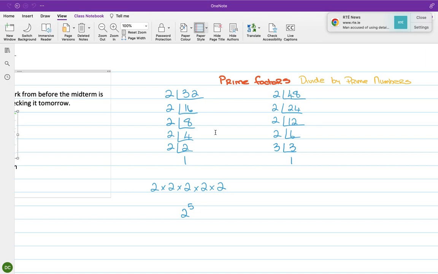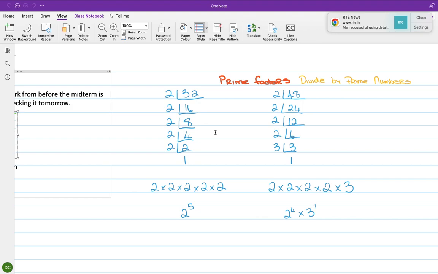So the long version is 2 by 2 by 2 by 2 by 3. And the short version, 2 to the power of 4 by 3 to the power of 1. And you can put the 1 on it.